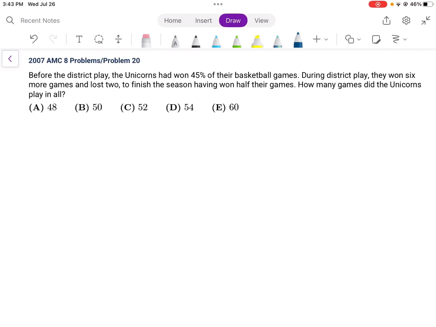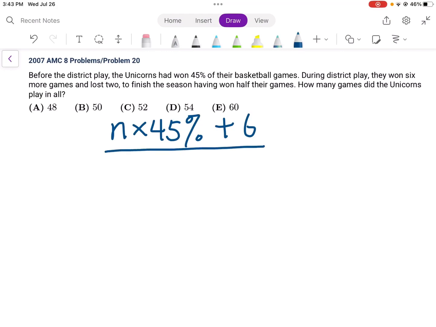Let's assume before the district play, the Unicorns played n basketball games. So in the district play, they won n multiply 45% games. And then they won another 6 more games. That's the total games they won. And the total games they played will be n plus the 6 more games they won and the 2 more games they lost.